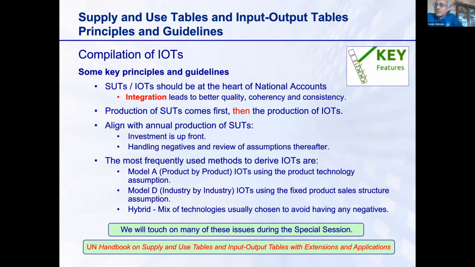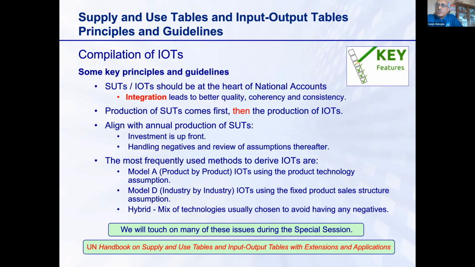So I've mentioned the production of supply and use tables first, then input-output tables. And obviously, there's a lot of linkages. The supply and use tables are very close to our survey data collection, whereas for input-output tables, we have to make a range of assumptions.